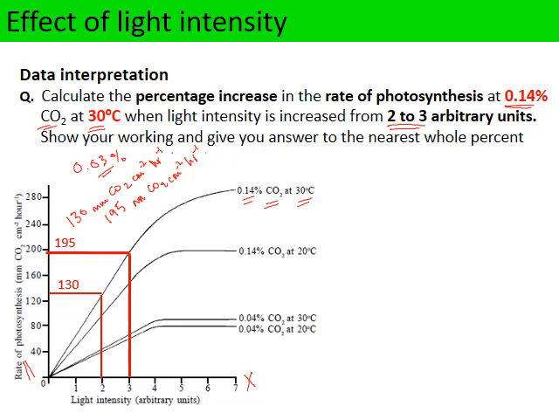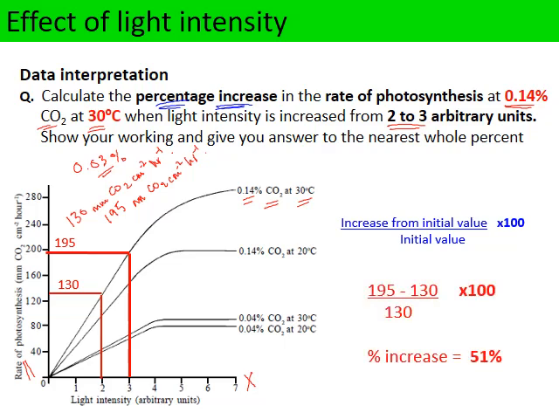Now, the question asks for percentage increase. So in order to do percentage increase, we need the starting value, which is 130. We need how much change has been measured. So 130 to 195 is 65 units, divided by the initial starting value.